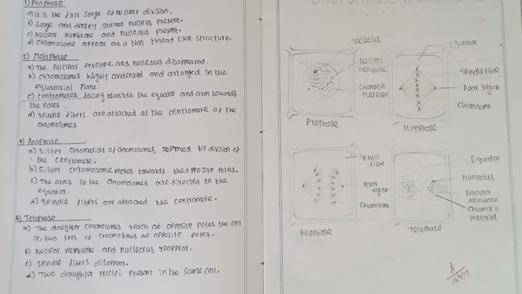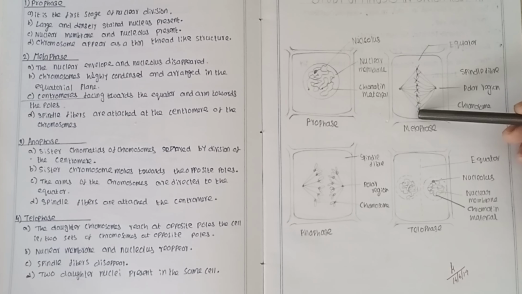Each chromosome becomes attached to the spindle fibers by its centromere portion.